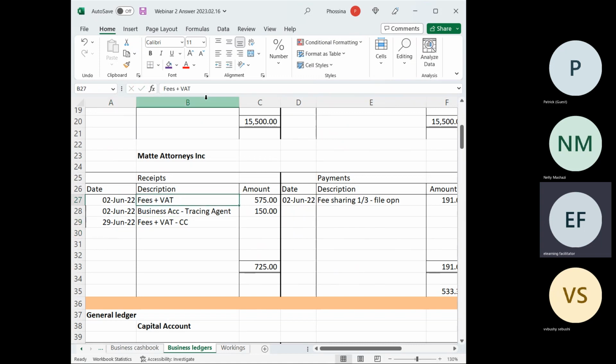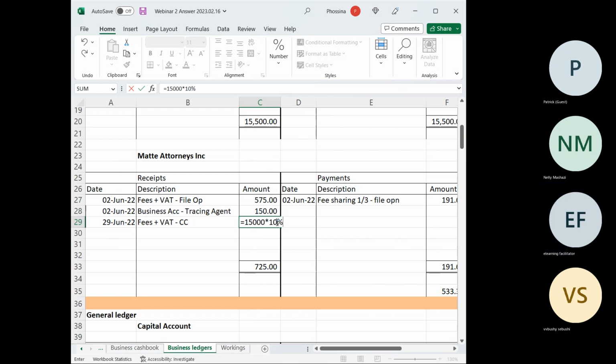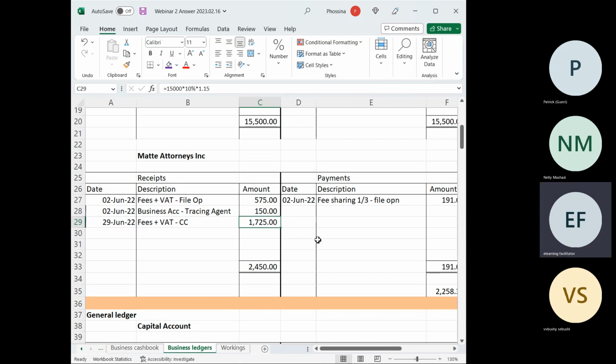And then this one was for file opening. So our fee plus VAT, we said it's 10,000 multiplied by 10%, multiplied by 1.15, like that. We then get our fee plus VAT.